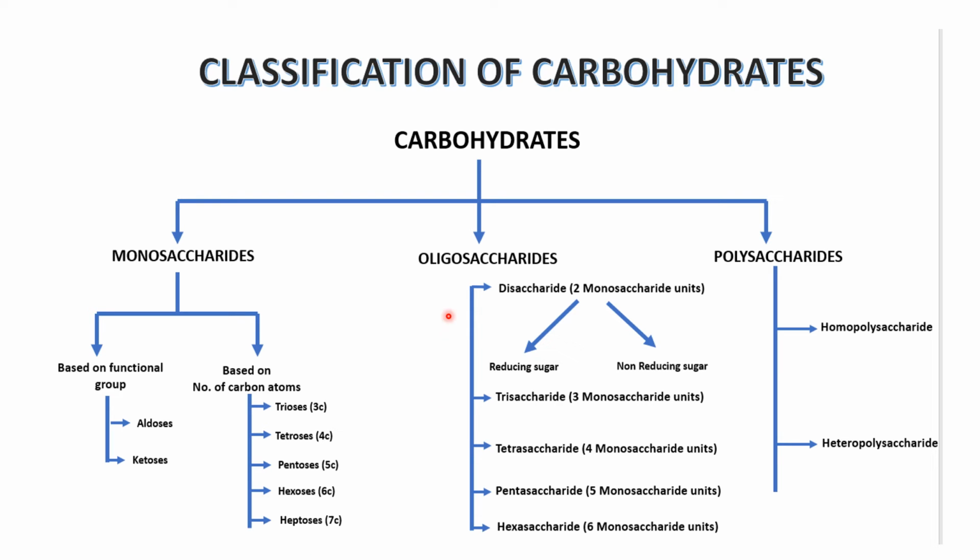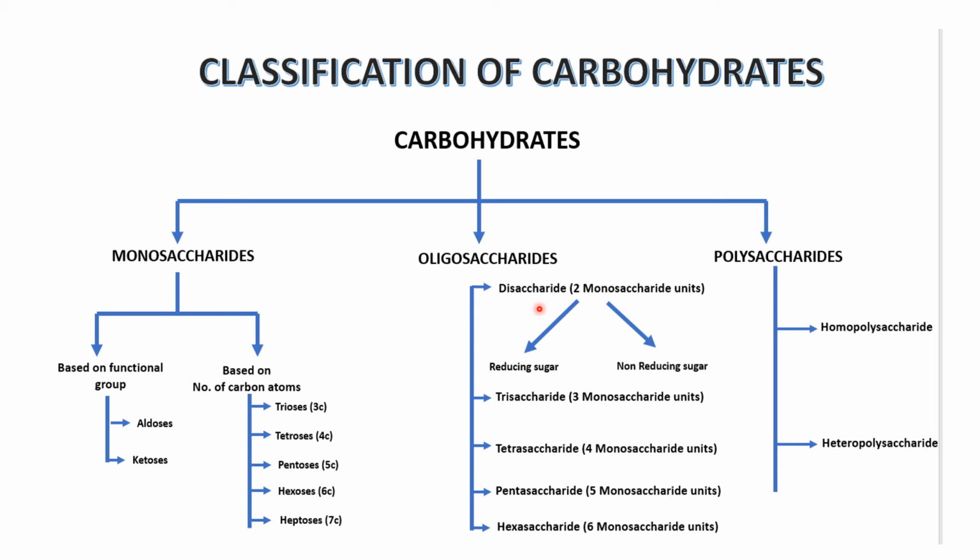Coming to oligosaccharides, in Greek, oligo means few. And these oligosaccharides contain 2 to 10 monosaccharide units and they are subdivided into disaccharides, trisaccharides, tetrasaccharides, pentasaccharides and hexasaccharides. And this subclassification is entirely based on the number of monosaccharide units present.